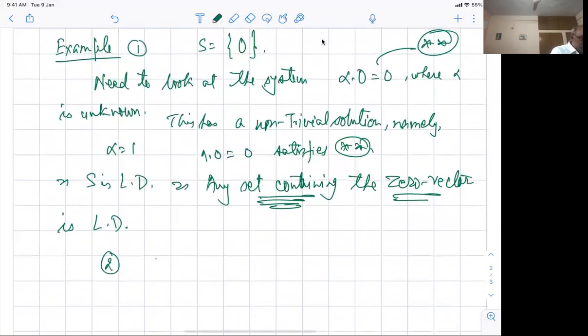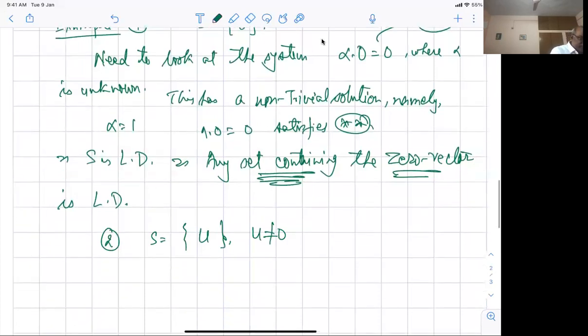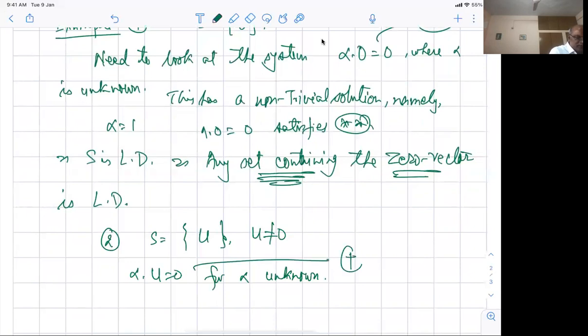2. Suppose I take S to be a vector u, and u is not 0. Then what will happen? I need to look at alpha times u is equal to 0 for alpha unknown. Fine, I need to solve the system. So let me put it as a dagger. What we know is that alpha times u is 0 if and only if either alpha is 0 or u is 0 or both are 0.